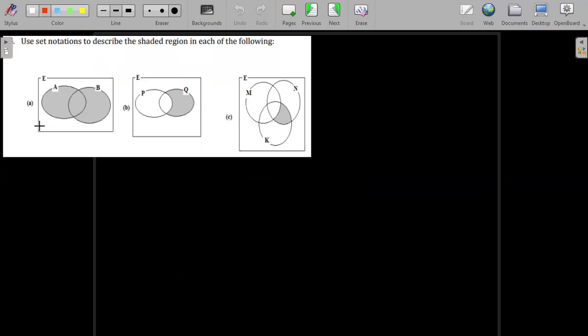For part A, they have shaded A and B. They've shaded everything, so they're bringing every element in A and B together. So that is A union B. That's how I describe that one.